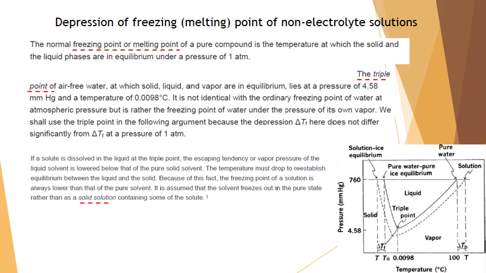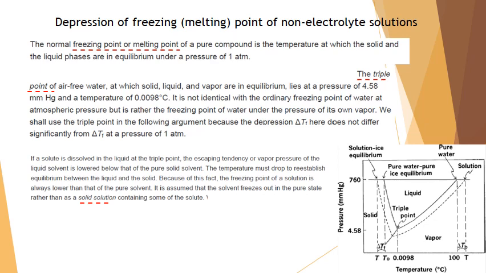Now we are going to move to the third property related to the colligative properties of non-electrolyte solutions, and this is the depression of freezing or melting point. Before going into the details, it's important to define what we mean by freezing point or melting point.